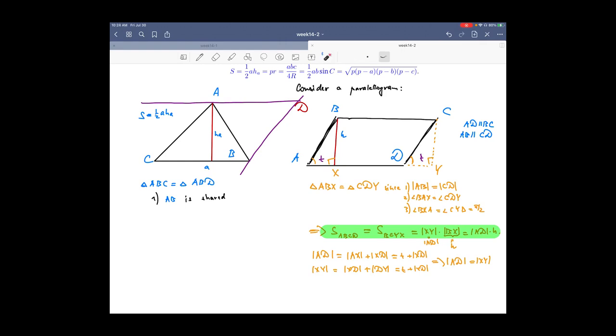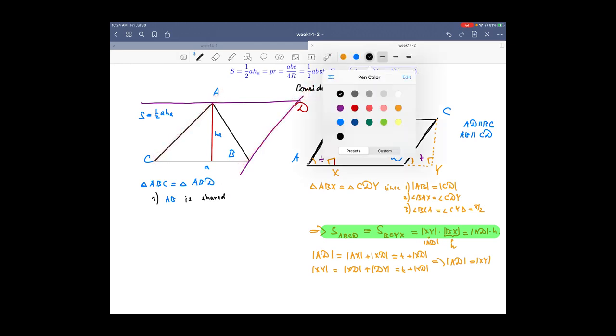Which ones? So we have this parallel to this. Okay, so what can we say?